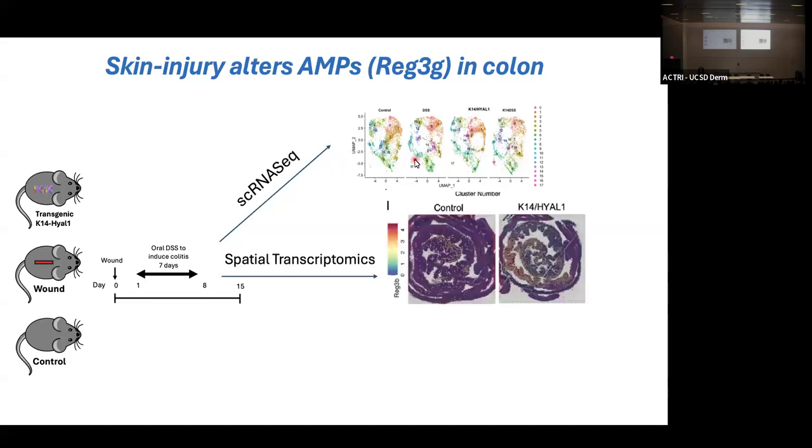And when we did that and combined it with spatial sequencing, which is sort of the same approach, but now we look at the genes in the tissue itself, where they're located, Tatsuya found that 2 antimicrobial genes were changing in the gut when we did these skin-specific inflammatory responses.